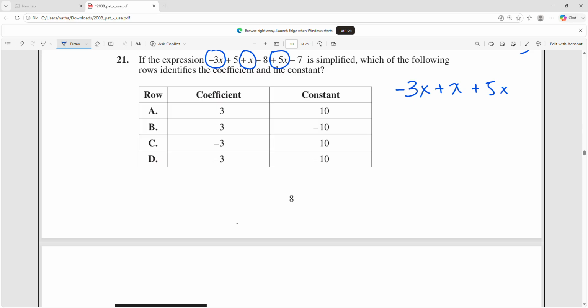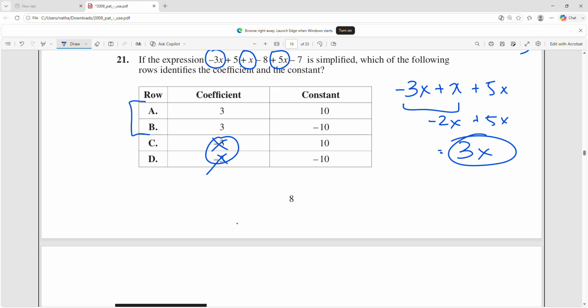Minus 3 plus 1 would be negative 2x. And then negative 2x plus 5x would give us 3x. So there's our coefficient, it should be 3. Assuming that we did it right, we can see that those are not going to work. So it's going to be one of these two answers, because there's our coefficient of 3.